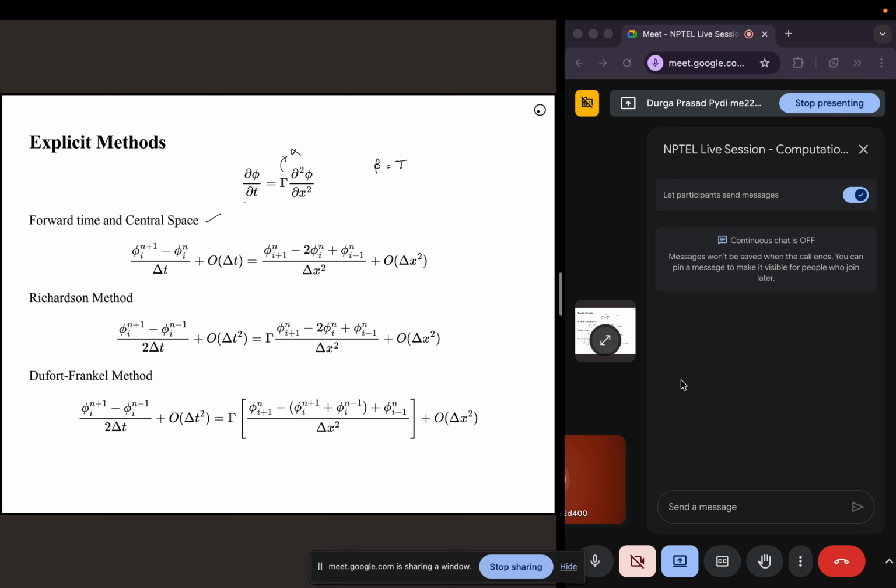The idea here is that in forward time we have n+1, where the superscript is my time coordinate and the subscript is my space coordinate. So I'll have a grid along the space direction, and let's say this is my time direction.